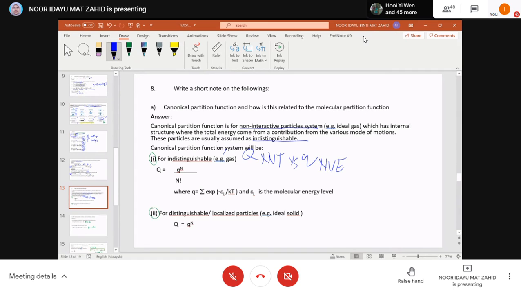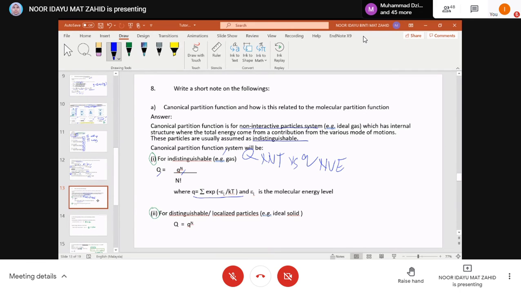So this is how you relate the canonical partition function with the molecular partition function: capital Q equals small q to the power of N divided by N factorial. Capital N is also referring to the total number of particles. Small q is the molecular partition function.